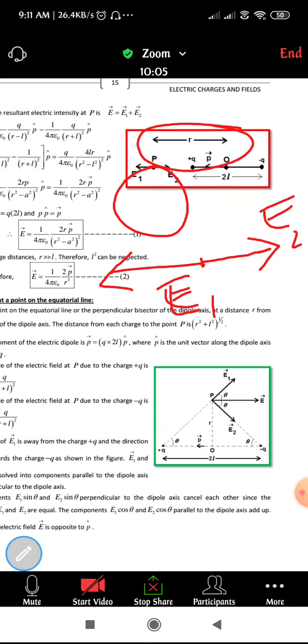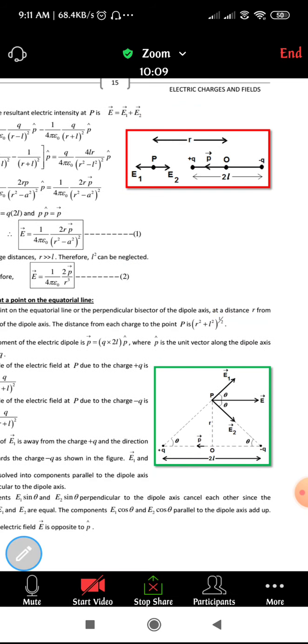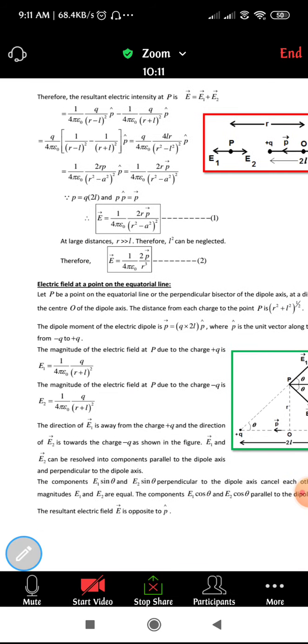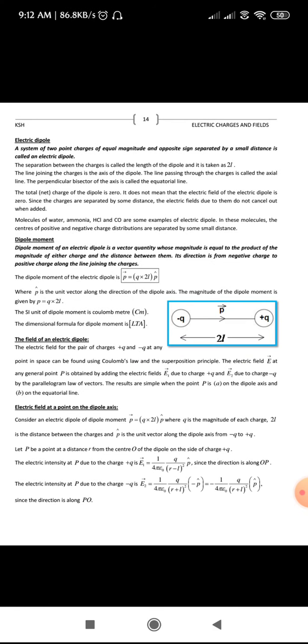So next, moving to the mathematical part of this. I'll just read out: electric field at a point on the dipole axis.